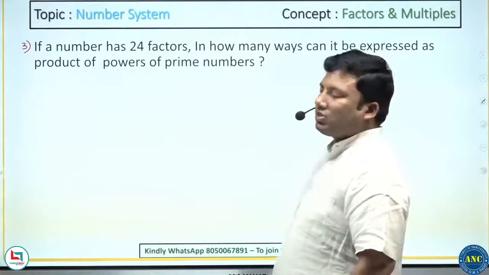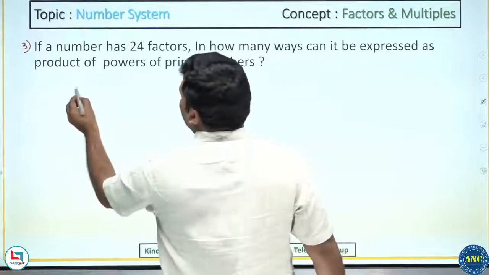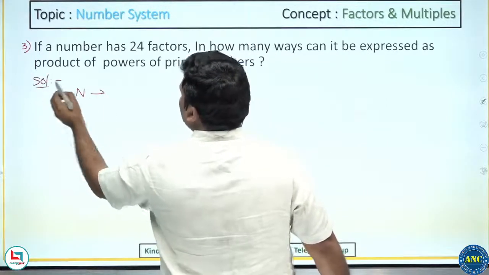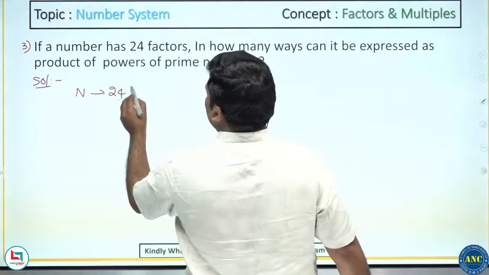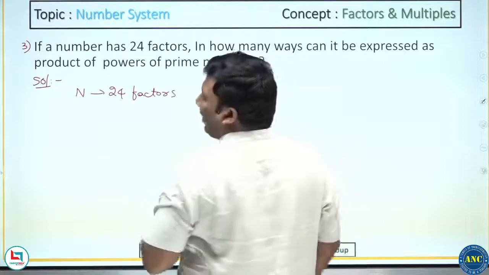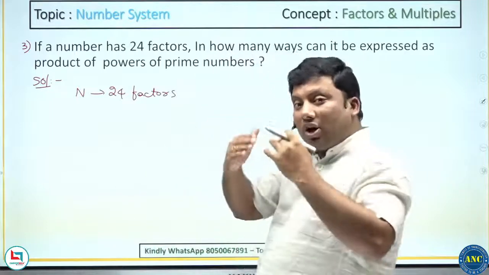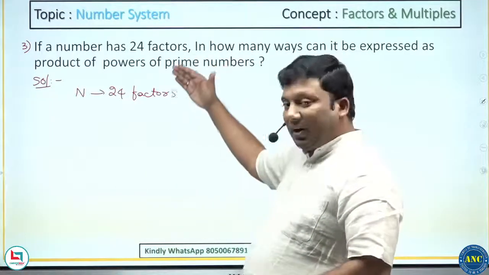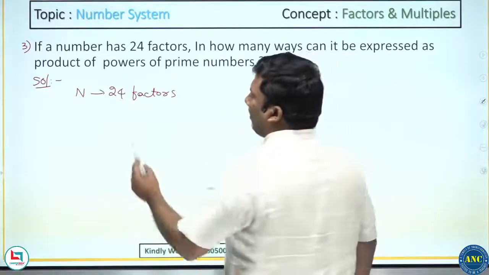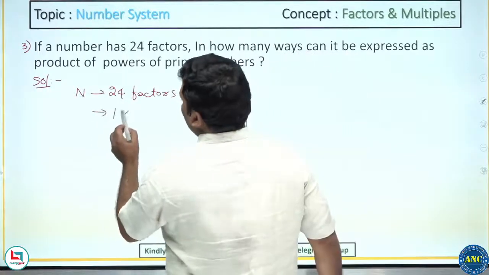Third question. There is a number which has got 24 factors. What is the methodology to solve this question? Split it into a product such that every element is a prime number. 1 into 24.